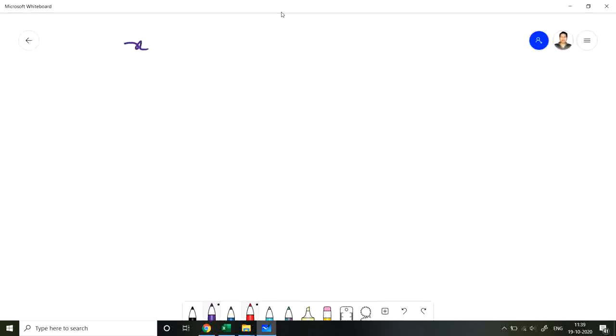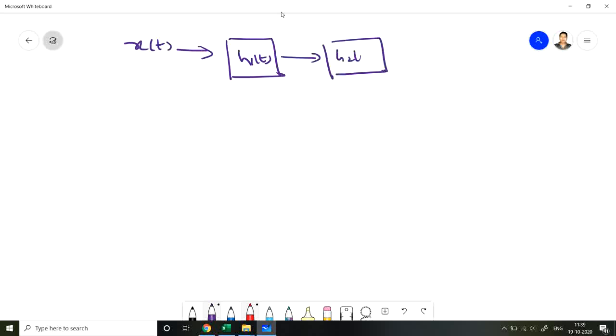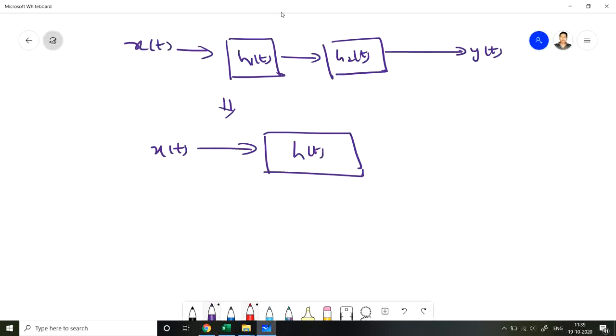So we have input x(t), then we have h1(t) and h2(t), and the output is y(t). So it is replaced with a single impulse response, that is h(t). So what is h(t)? h(t) is h1(t) in convolution with h2(t), because they are connected in cascade.